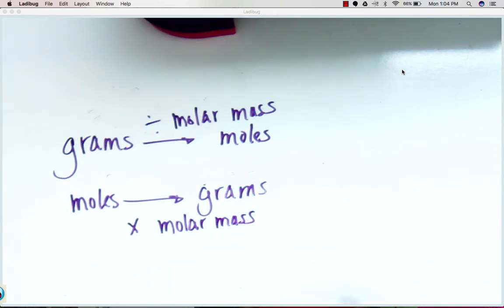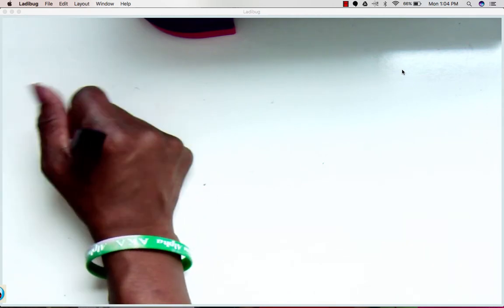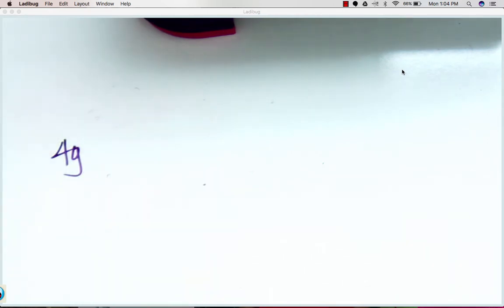All right, so now we're going to take a look at an example. This is just an example that I've made up. Let's say you start off with 4 grams of carbon.